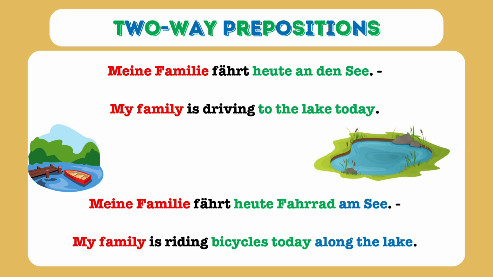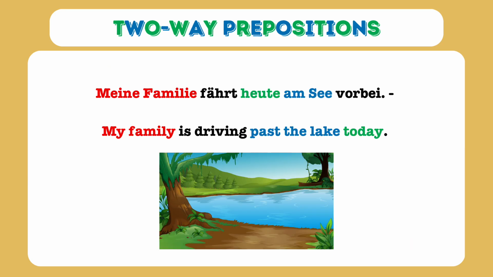In the second one, we are driving while at the lake, and therefore am See. Meine Familie fährt heute Fahrrad am See. And in the last one, we are driving past it, but for some reason this particular phrase uses the dative case in German. Just try not to overthink it. Meine Familie fährt heute am See vorbei.